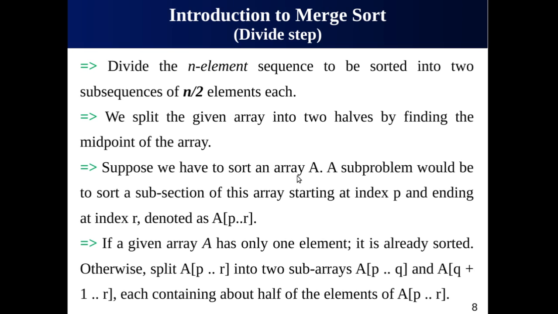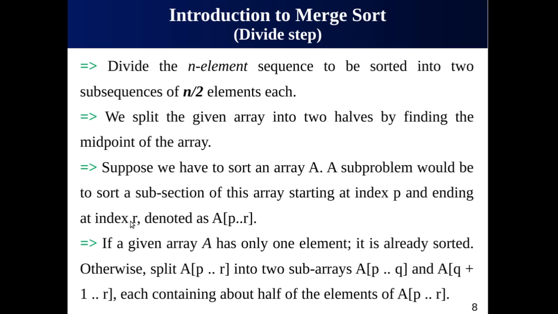In that case, we will need some indexes, like pointer variables, which will point to the locations of different elements stored in the array. For example, index P will refer to the location of the first element, and index R will refer to the location of the last element of the array.